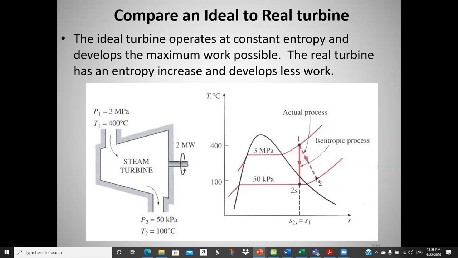This would be the exit enthalpy of the real turbine, which you evaluate at state 2. The exit enthalpy of the perfect turbine, you evaluate at 2S. You have the same inlet condition, so for a given situation you just have to find the numbers and plug them in. Okay, questions?